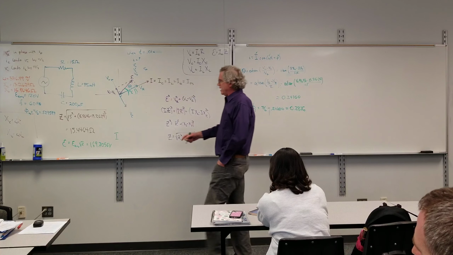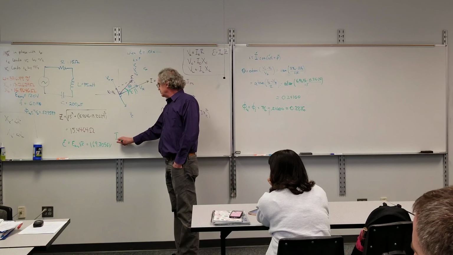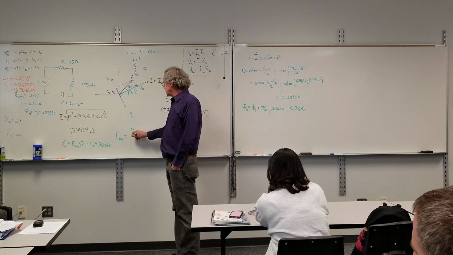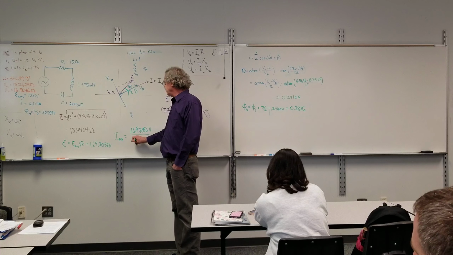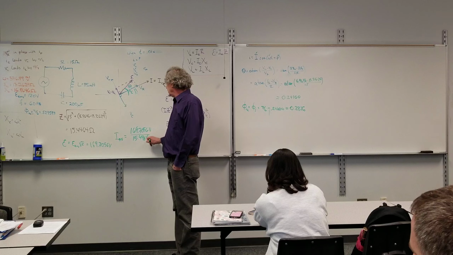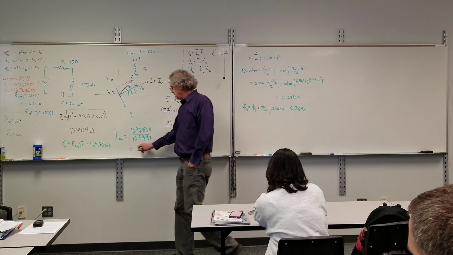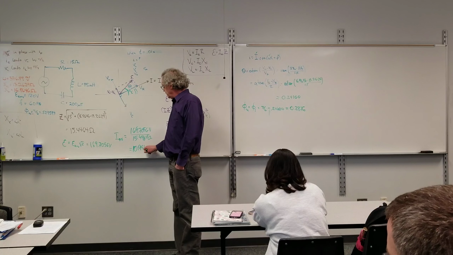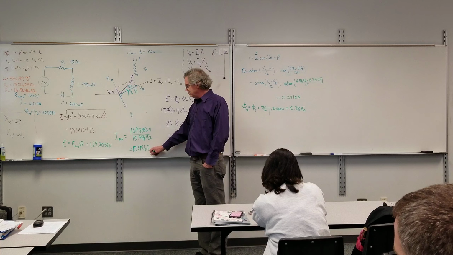So now that I know the amplitude of my power supply voltage, the current is going to be 169.7056 volts divided by my impedance, 15.4464. And we end up with 10.9867 amps.